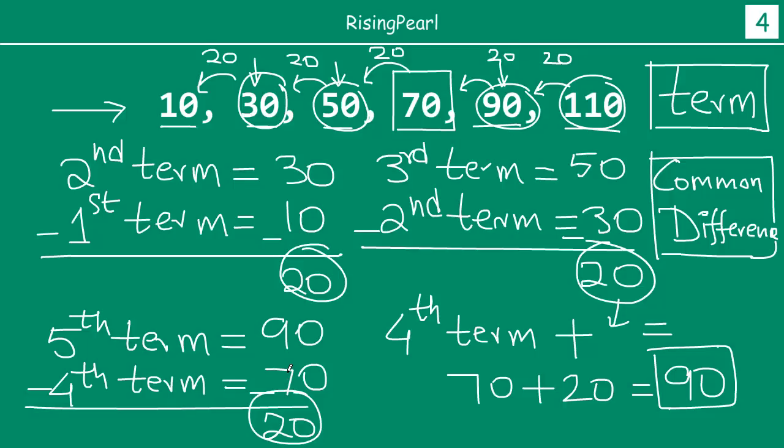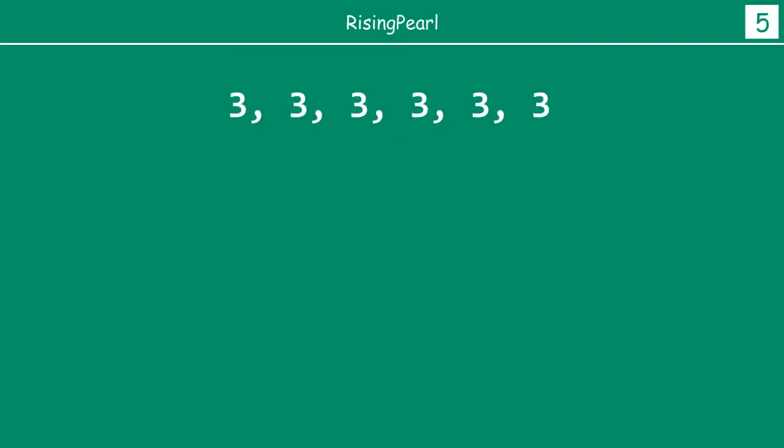Also, it is important to understand that, like we just talked about, if you take any number and add the common difference, it gives you the next term. So let's take a look at our fourth set of numbers. This is interesting. They're all 3. First of all, 1, 2, 3, 4, 5, 6. There are 6 terms.